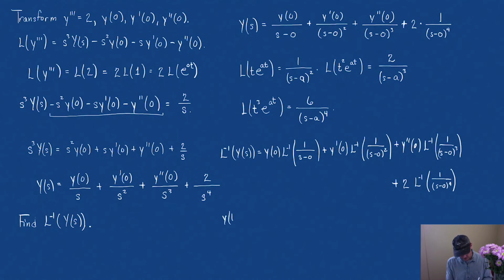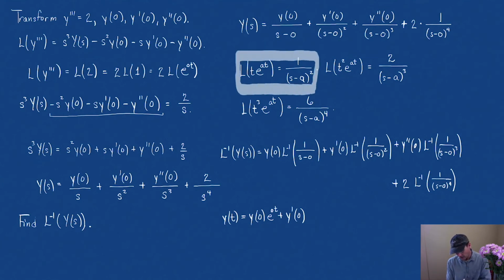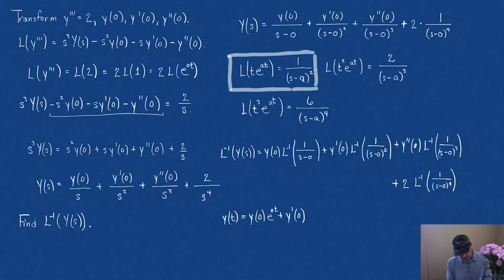So we have y of t, the inverse Laplace of 1 over s minus 0, this is y of 0 e to the 0t, but that's just 1, plus y prime of 0, the inverse Laplace of 1 over s minus 0 squared, that's just this, so we can write this as t e to the 0t.